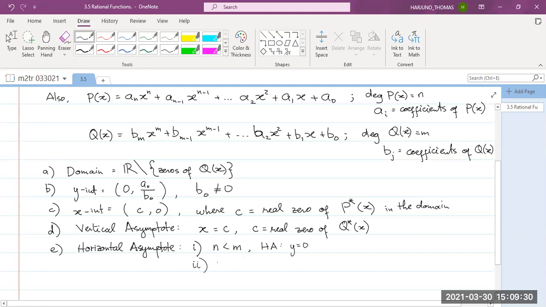If the degree on the top is equal to the degree at the bottom, then horizontal asymptote is given by y equals the ratio of the leading coefficient over leading coefficient. And if the degree of the numerator is greater than the degree of the denominator, no horizontal asymptote.